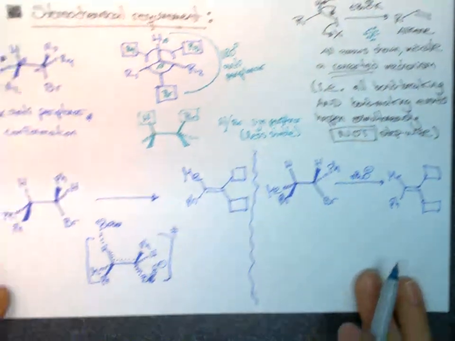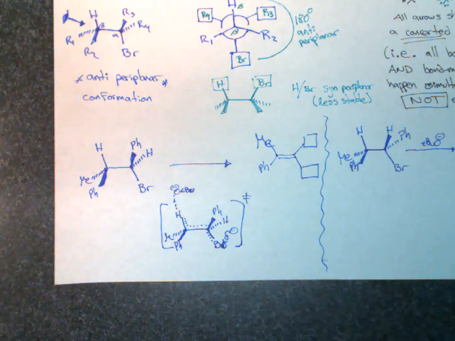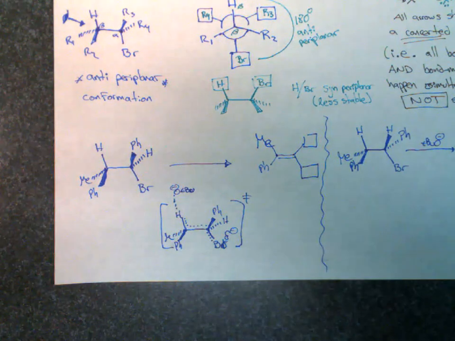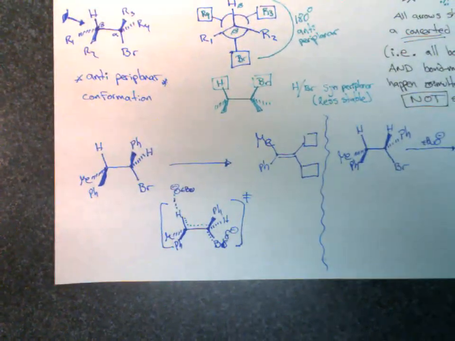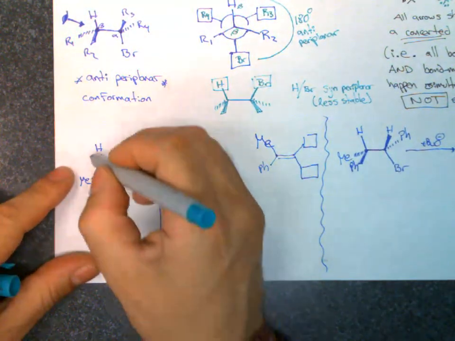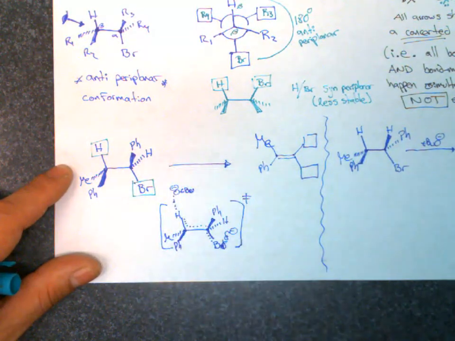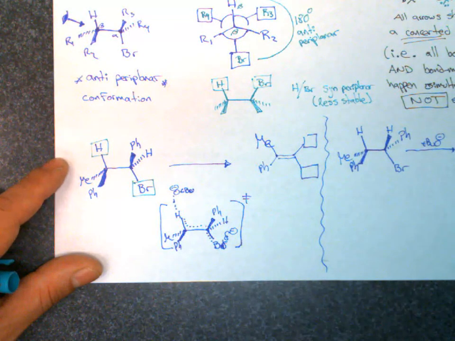Perfect. Now, let's look at the results of this anti-periplanar requirement in the isomers that we would get in alkenes. I have this hydrogen atom and this bromine atom, they're anti-periplanar, correct? Everyone agrees? Everybody can see that? Perfect.